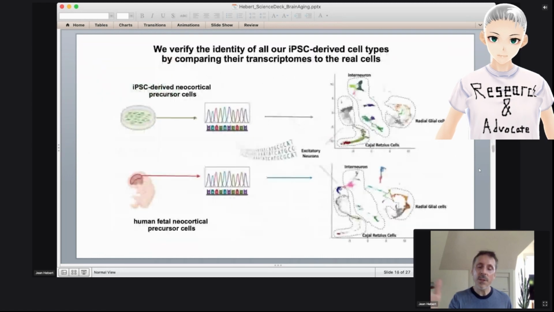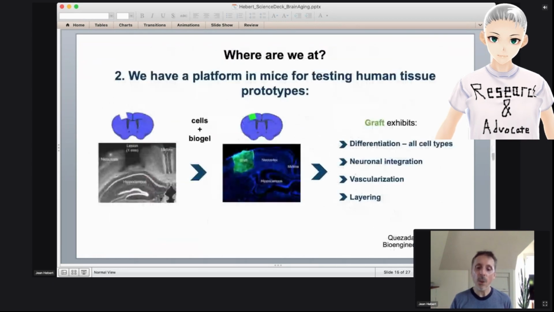This is an example of the single cell transcriptomic analysis that we do to compare our iPS-derived neocortical precursor cells. This is for the principal neuronal lineage, and we compare that to real human fetal neocortical tissue and find that we get a very good match. And we do this for all the cell types, just as a quality control.